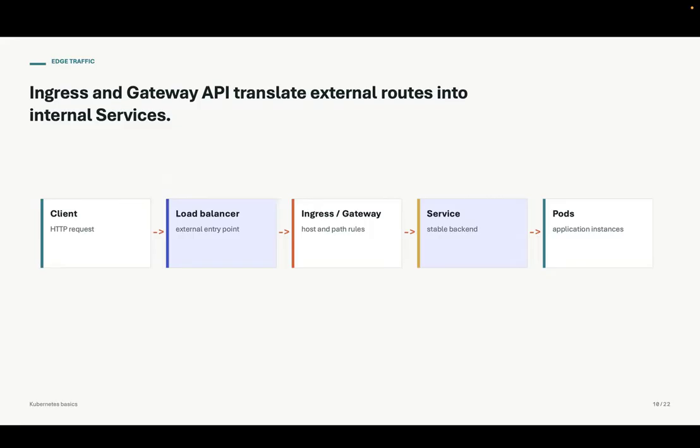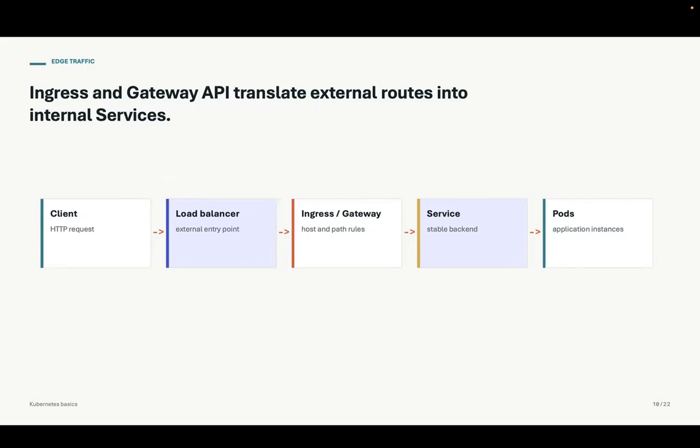This separation is very useful because the application pods do not need to know about the public DNS, TLS termination, or existing routing rules. The service provides a stable backend, and the ingress or gateway handles the external HTTP routing coming from the actual client.